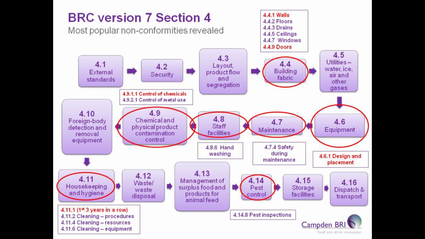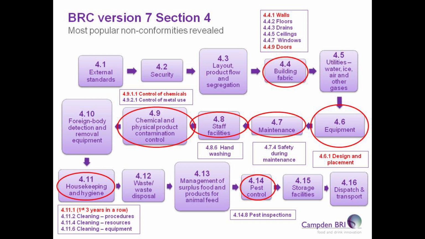So again, we can look through the most popular areas of non-conformity from the chart that we looked at earlier. Building fabric is always high up there, as is control of chemicals, 4.9. Staff facilities and hand washing, we've seen some not so good examples. Safety during maintenance, engineers' toolboxes.